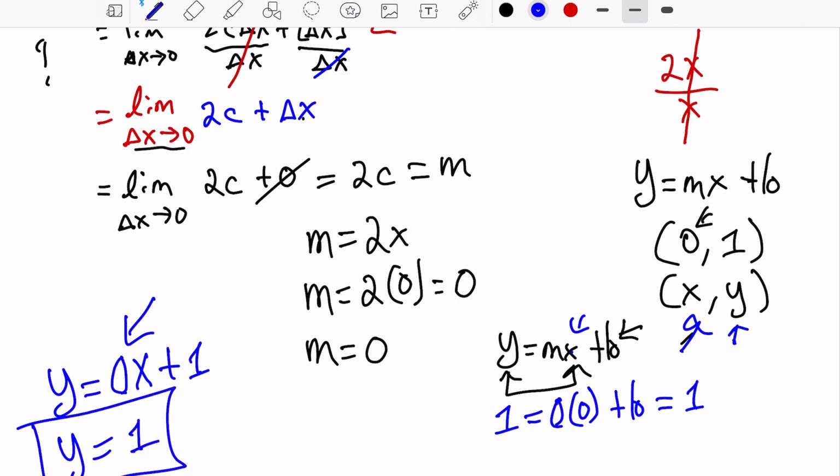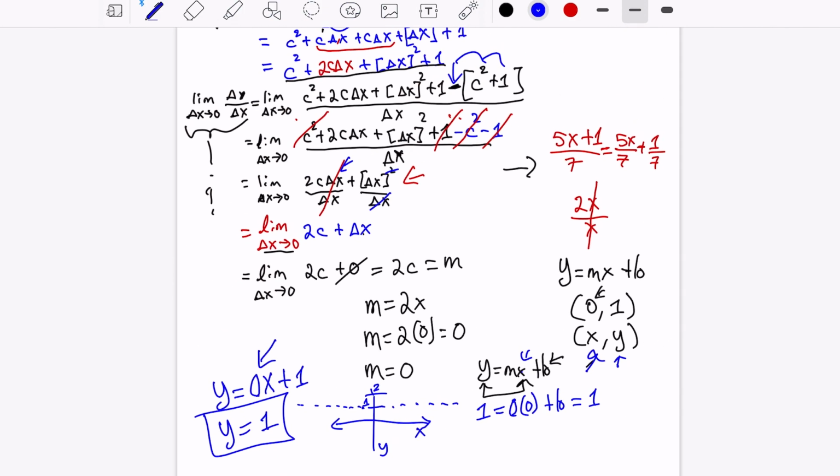So y equals 1 is simply a value of y of 1. Let's say this is 1 and 2 in our x and y coordinates. This is my x, this is my y. So y equals 1 is simply a horizontal line. It never changes.